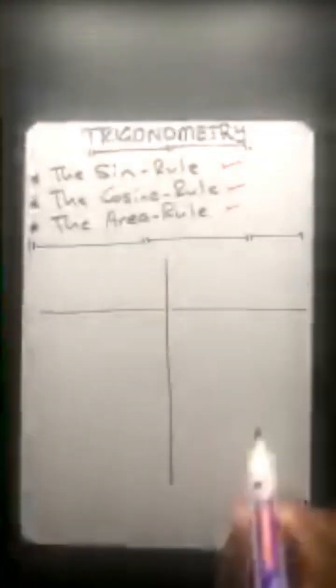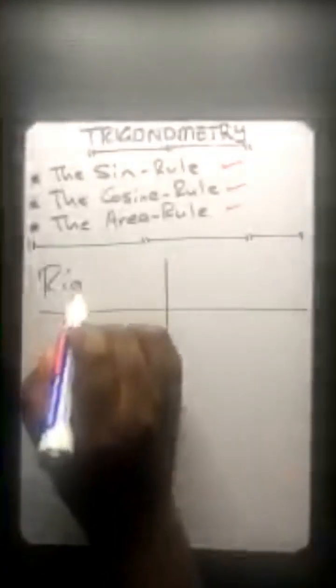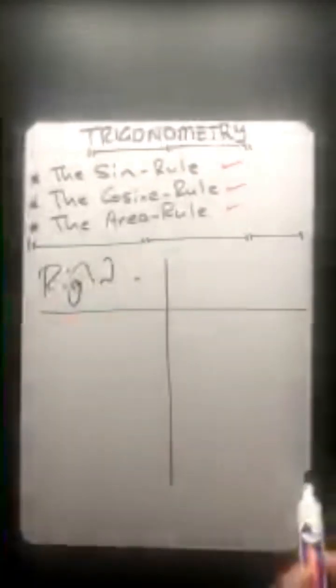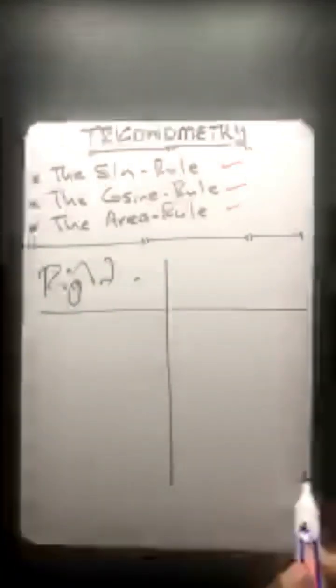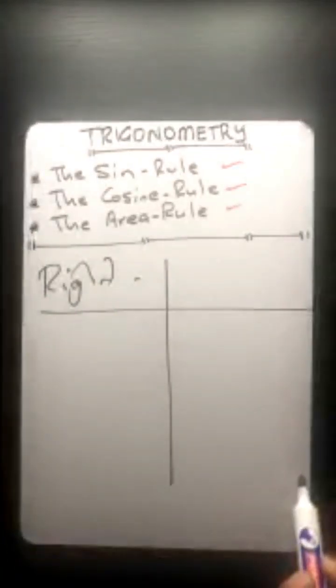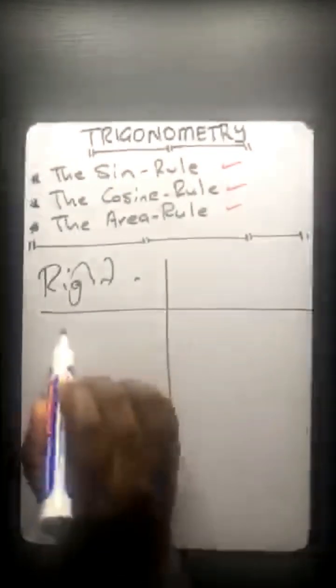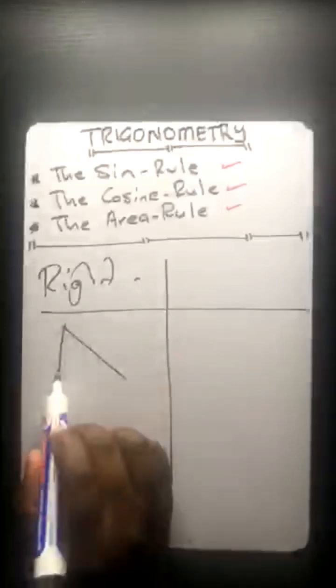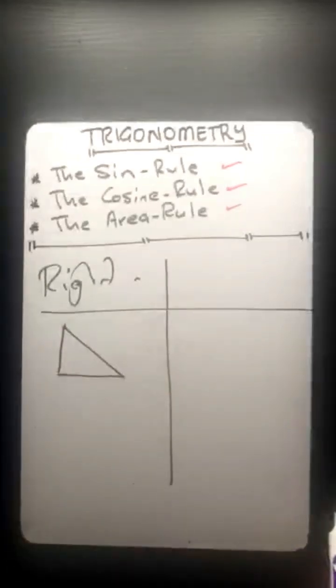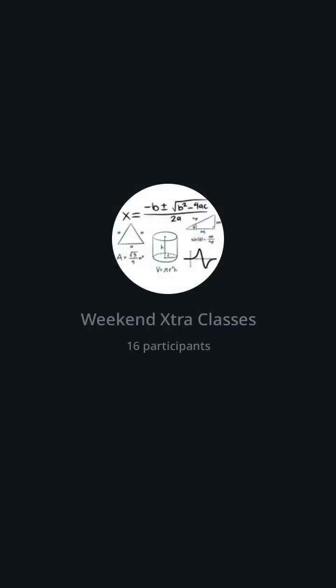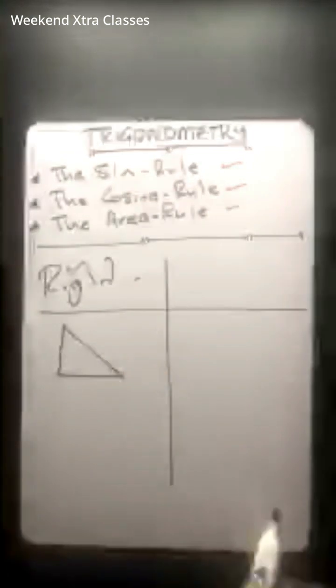Maybe very quickly, let me do this and say, under a right-angled triangle. But how are you going to know if you are having a right-angled triangle? What if the examiner draws this? Here comes the question: is this thing a right-angled triangle? No. Why? Because number one, we are not told that it is a right-angled triangle.